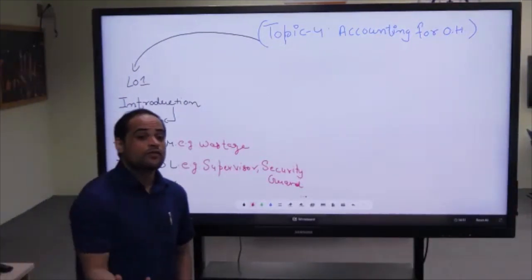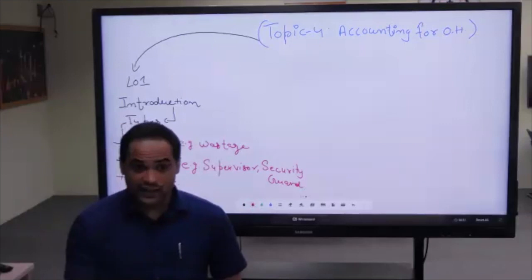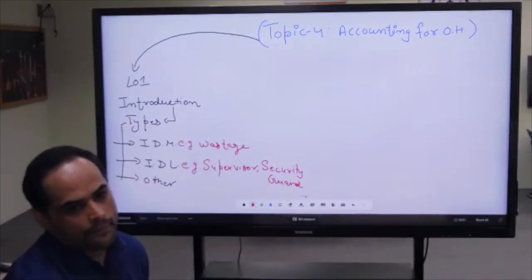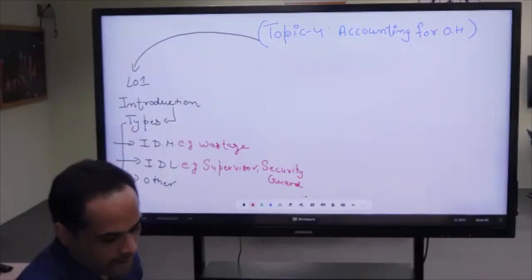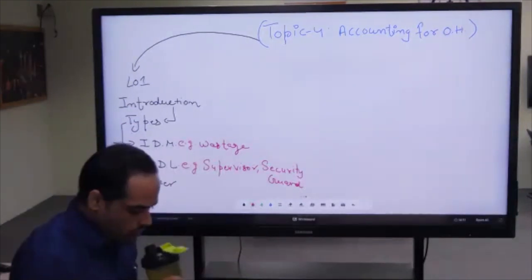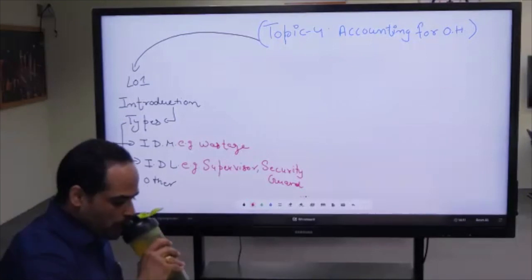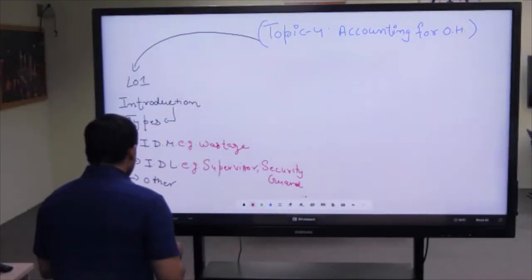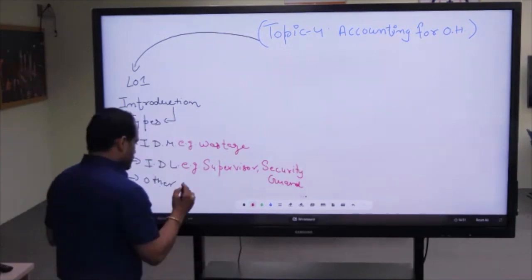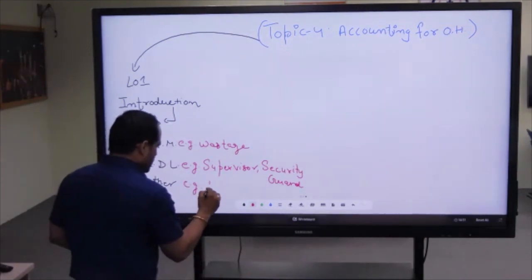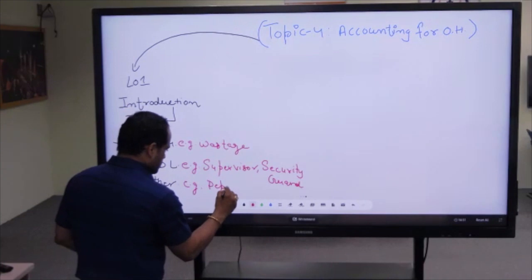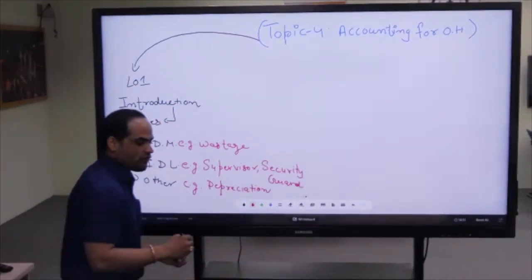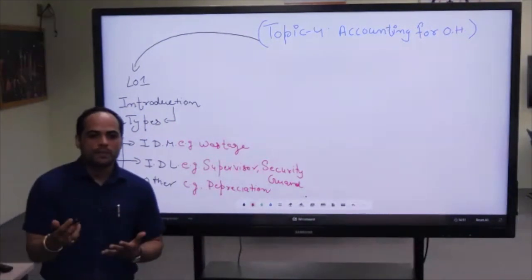Some other kinds of overheads besides indirect material or labor. In this, other involves depreciation, right? The value of money goes down over the period.